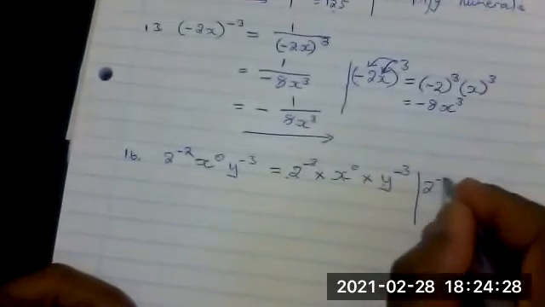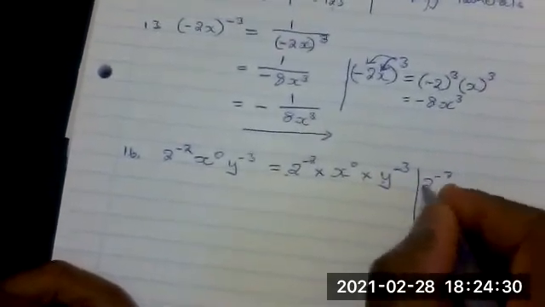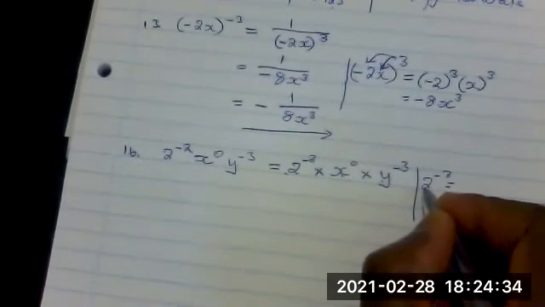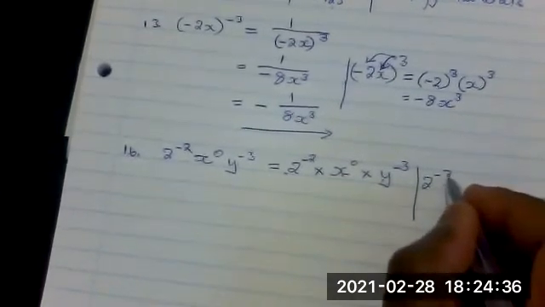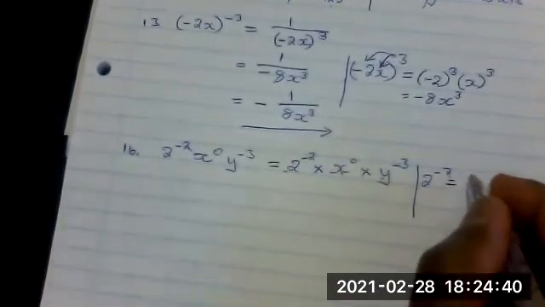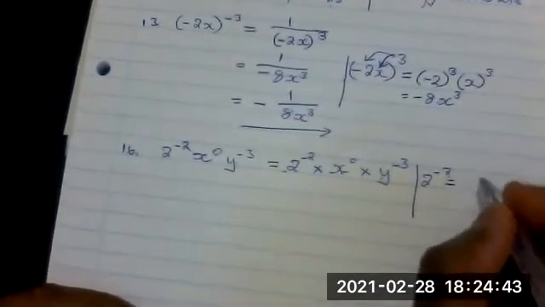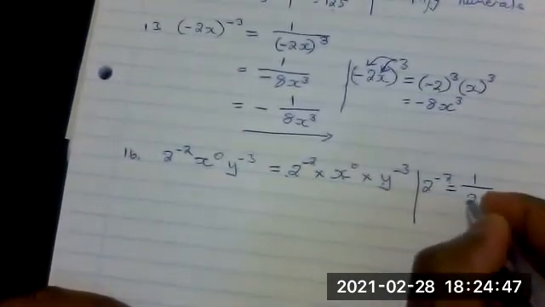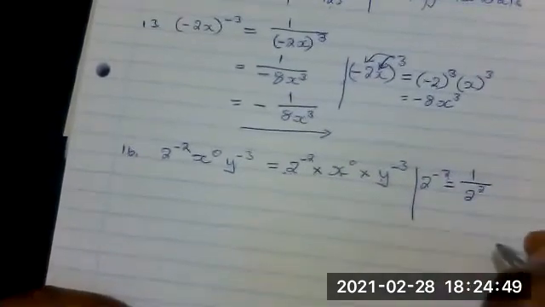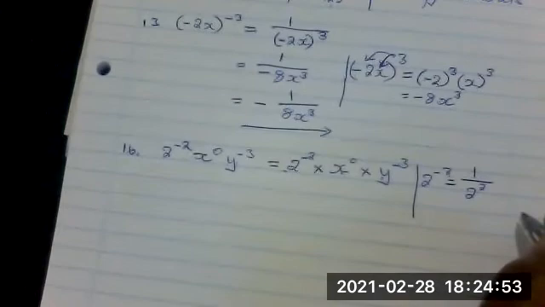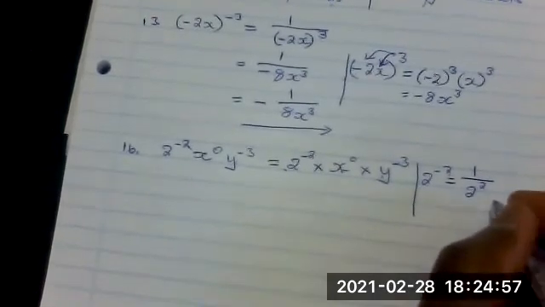So 2 to exponent negative 2. Remember, base 2 is raised to exponent what? Negative 2. So since it is raised to negative 2, by using the law of negative exponent, it says it's 1 divided by 2 squared, right? This is in index form, and it's now having a positive exponent.